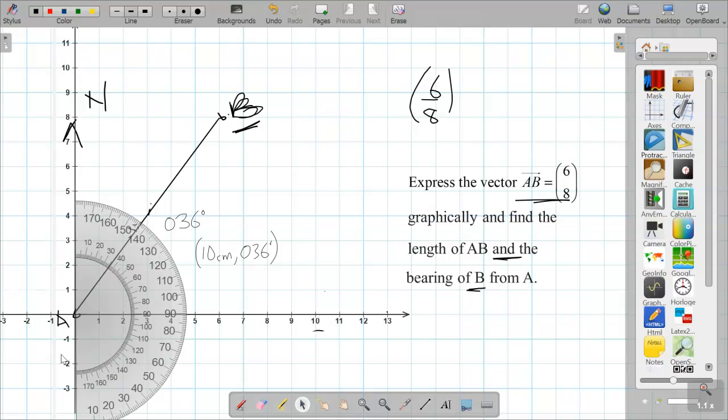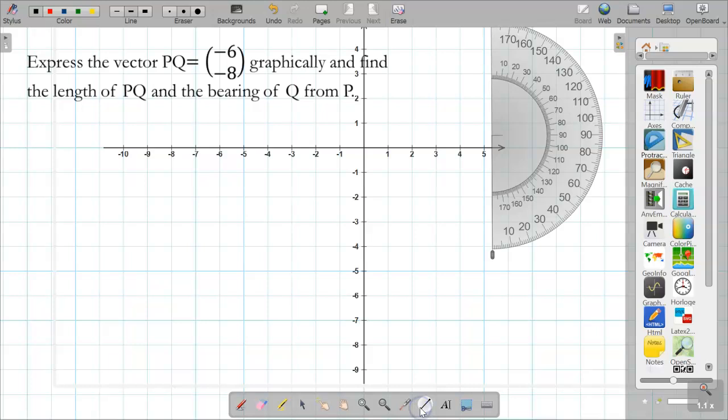Let's take one more example and see how we can represent a vector using a graph, and at the same time find the bearing of that. So with this question, we say express the vector PQ, which is (-6, -8), graphically, and find the length and the bearing of Q from P. So first of all, we'll draw our line. On the x-axis, we are going -6.